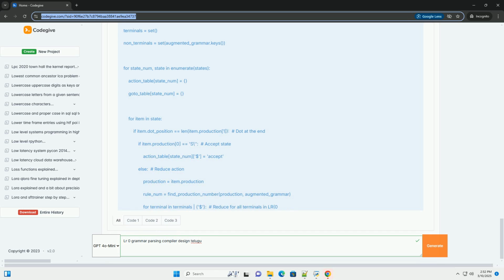Important considerations: LR(0) conflicts. The biggest limitation of LR(0) parsing is its inability to handle conflicts. There are two main types. Shift-reduce conflict: in a given state and for a given input symbol, the parser doesn't know whether to shift, move the symbol onto the stack, or reduce, apply a production rule.